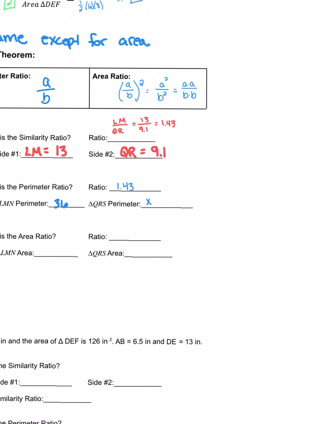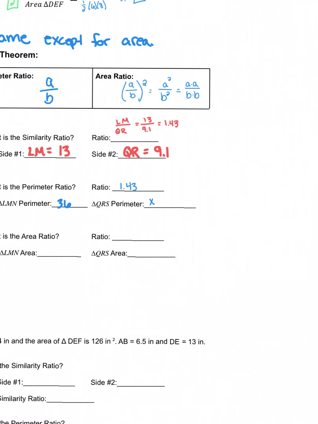So we're going to take our LM over QR, or 13 over 9.1, and we're going to set it equal to my new ratio, so 36 over X, and we're going to solve for X. So to solve for X, we're going to do our extremes times our means, which will get us 13x equals 327.6.